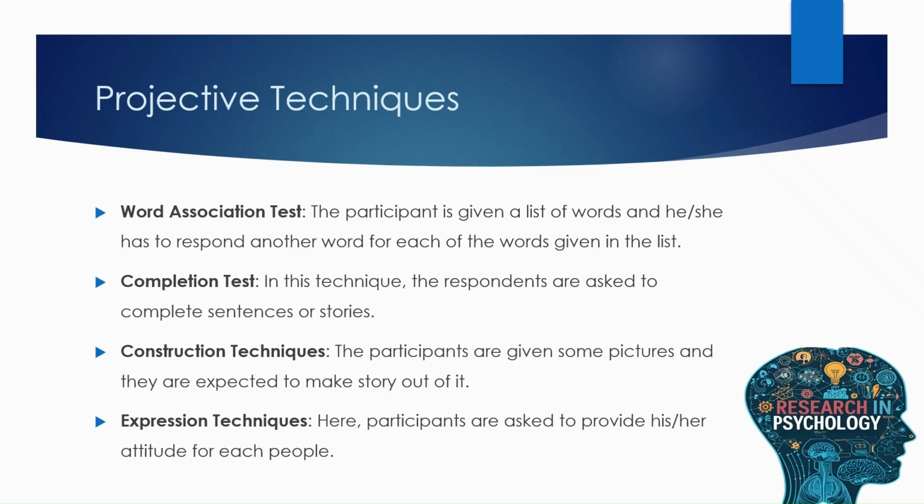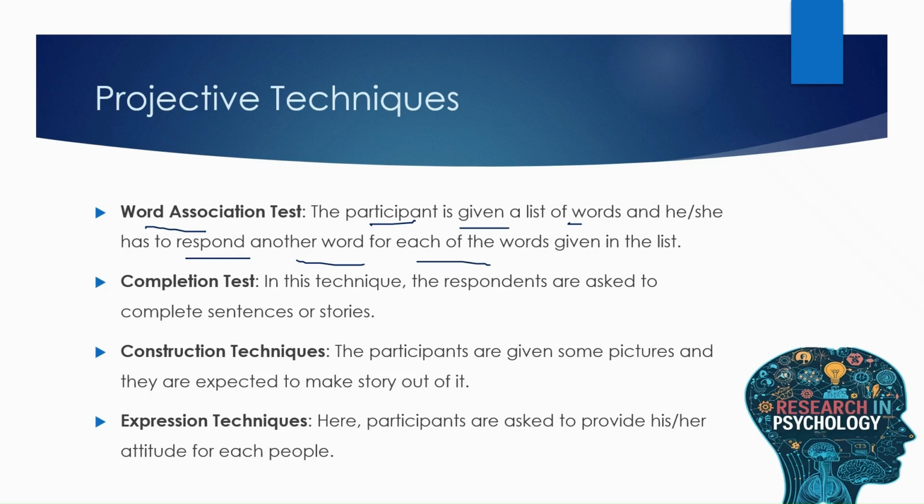Some of them are the word association test. Here, the participant is given a list of words, and he or she has to respond with another word for each of the words given in the list. If you have watched the movie Zindagi Na Milegi Dobara, you will see the protagonist playing the same game, the word association test, to find out what's going on inside the other person's head.